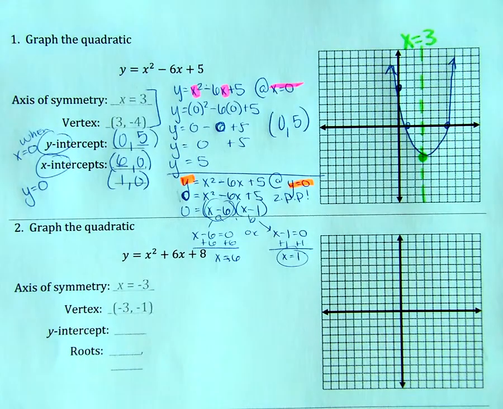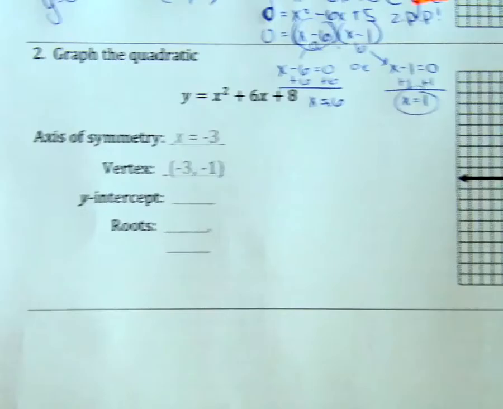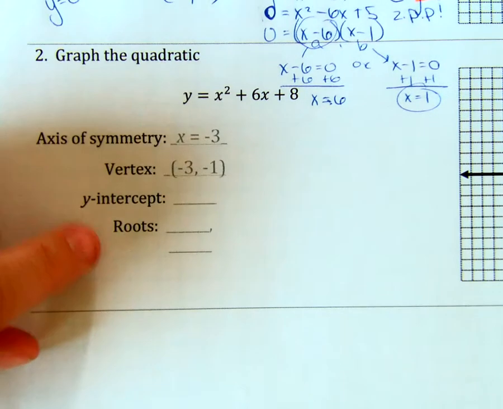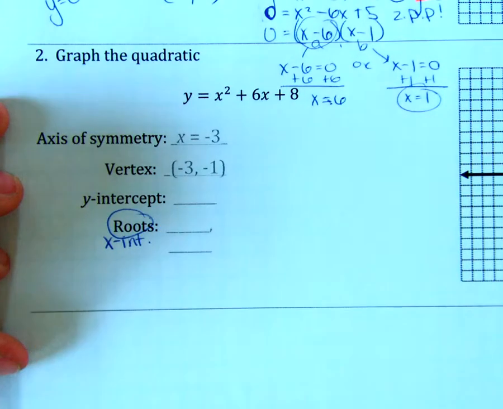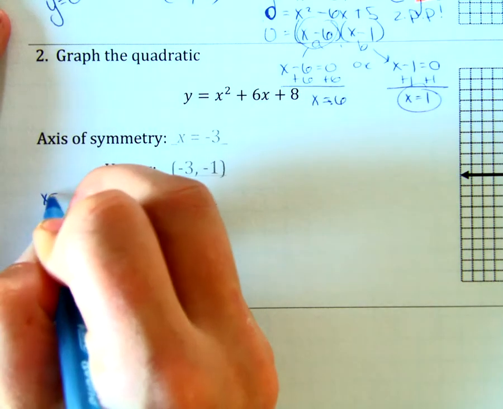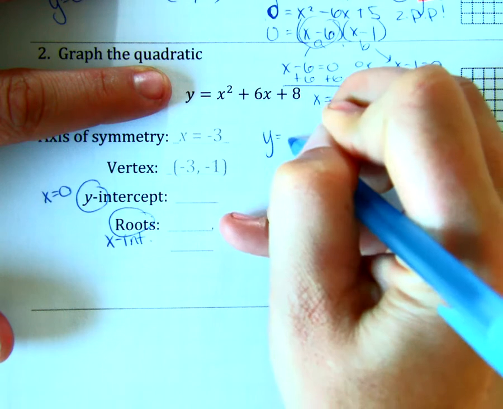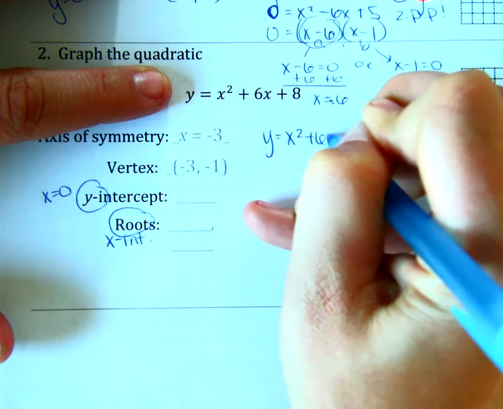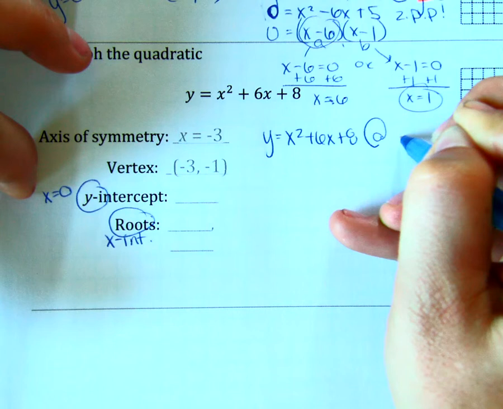Okay. For the sake of time, I'm going to go ahead and just solve for the y-intercept and the roots. Remember, another word for roots is x-intercept. So just to recap, y-intercepts happen when x equals 0. So we take our equation and we substitute x equals 0.